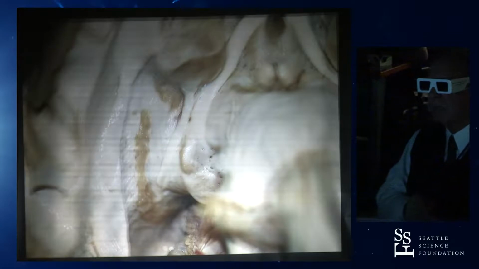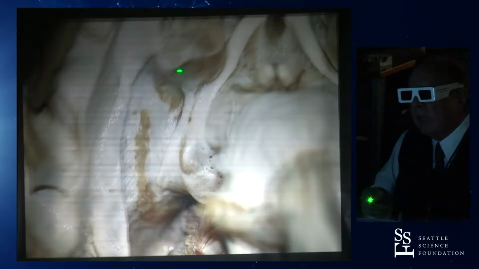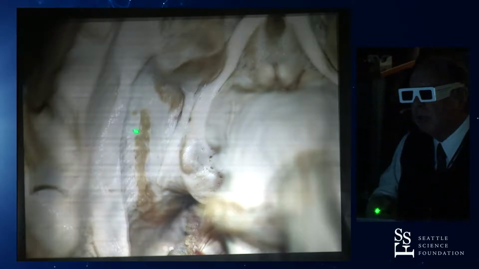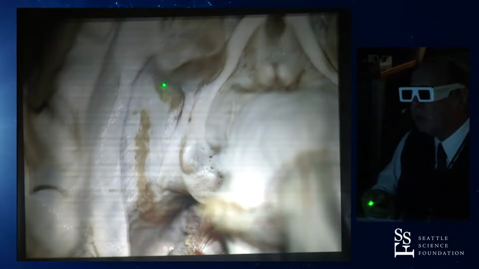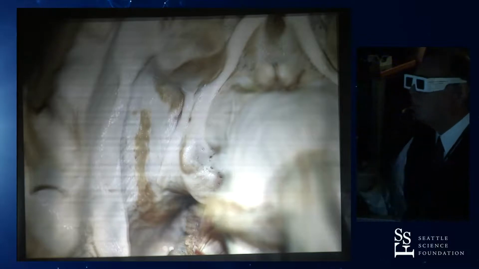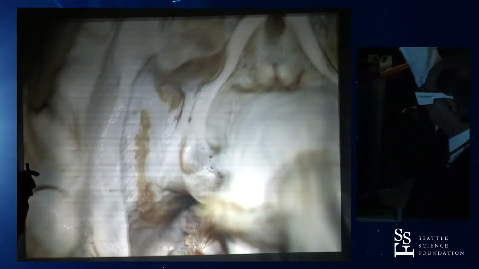Stria terminalis. The head of hippocampus would be here. Remember that the amygdala is anterior to the head of hippocampus and covers a little bit the head of hippocampus. So this is amygdala. If I go more superior, I'll be going towards the globus pallidus, because the amygdala is superiorly continuous with the globus pallidus.